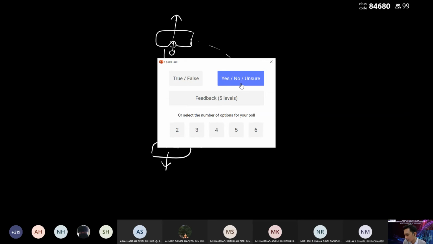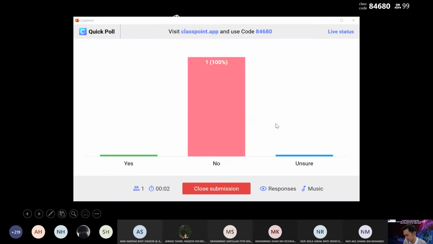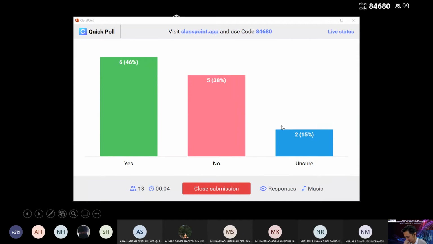Siapa kata normal ke bawah, cakap no. Okay, I'll open this for maybe 30 seconds. Unsure, okay. Okay, another 15 seconds. Sama, lebih kurang sama je. Maksudnya you guys unsure lah. Betul, siapa yes siapa no?